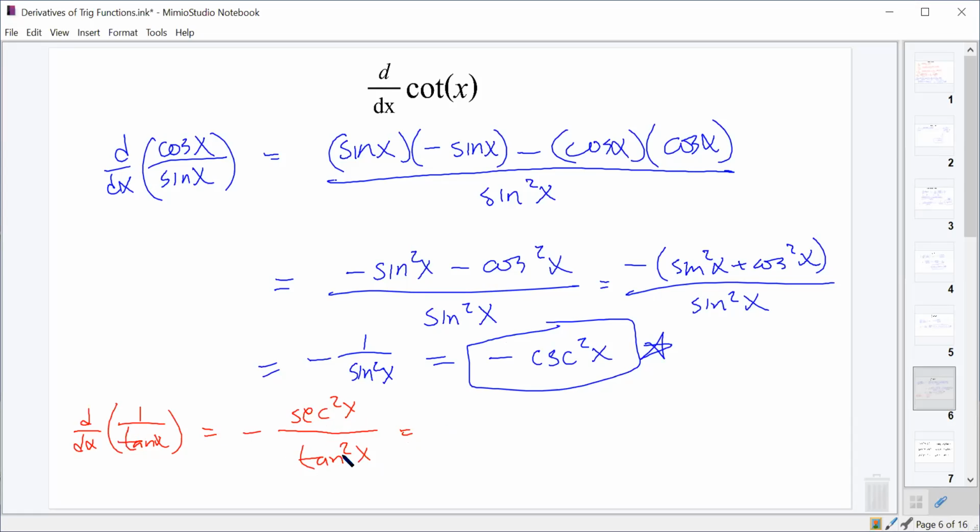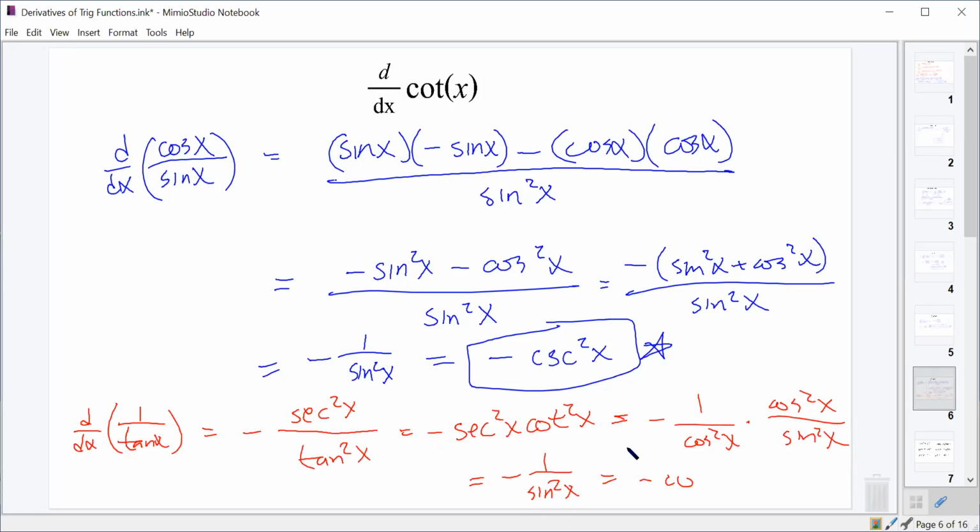But I could also write this as negative 1 over cosine squared times cosine squared over sine squared, which would give us negative 1 over sine squared, or negative cosecant squared x. So we would have got the same thing either way. Everybody good with that?